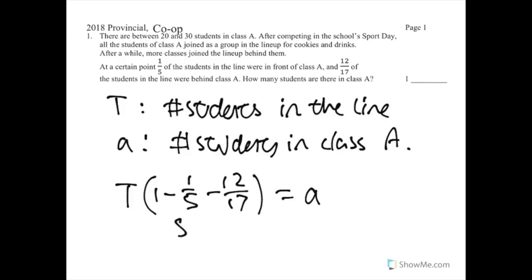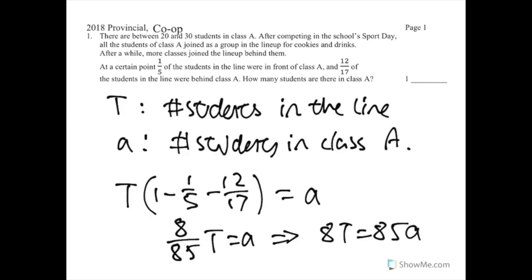We can simplify this to 8 over 85 t is equal to a, or 8t is equal to 85a. Now we're looking for an integer solution of a between 20 and 30. So one way you can do this is by simply checking all of the possible values and see which one works.